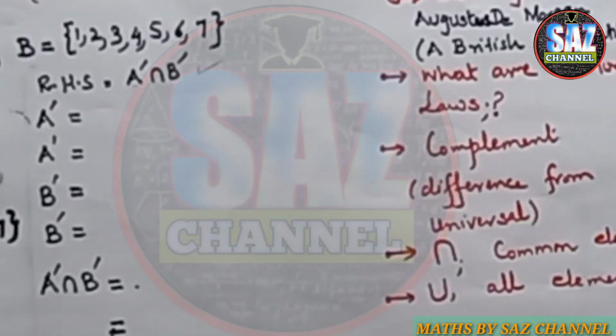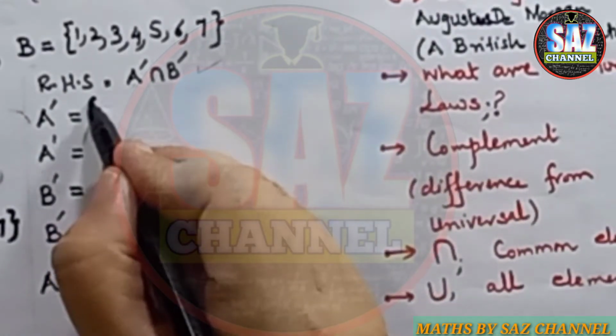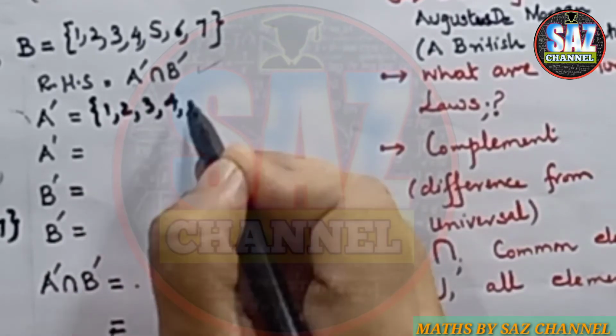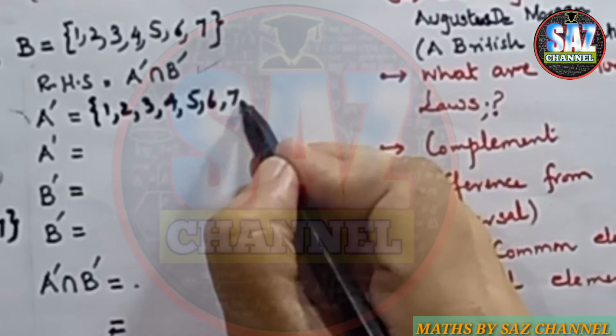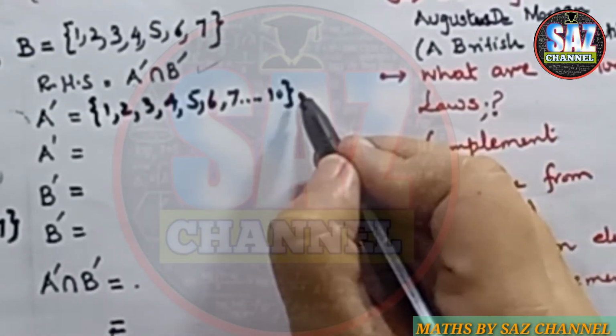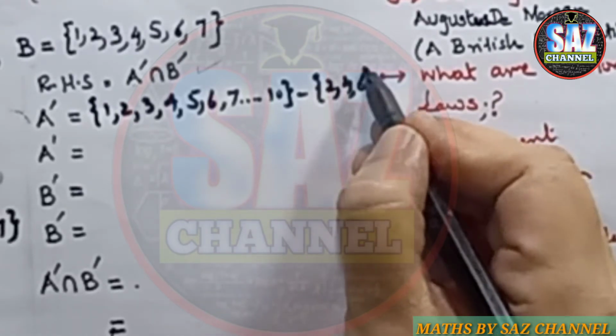So write down the elements of universal, that is 1, 2, 3, 4, 5, 6, 7, 8, 9 and 10, the last element, minus set A, which is 2, 4 and 6.